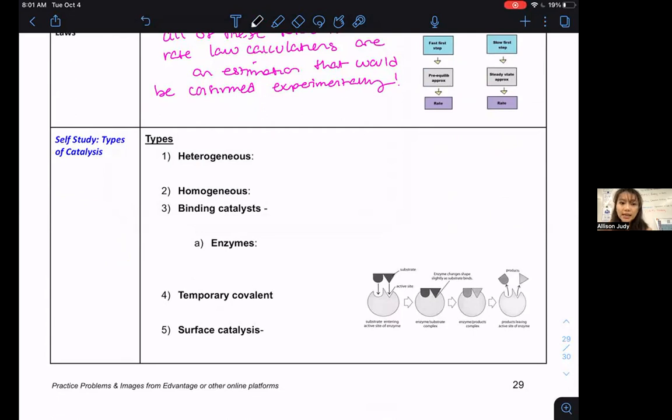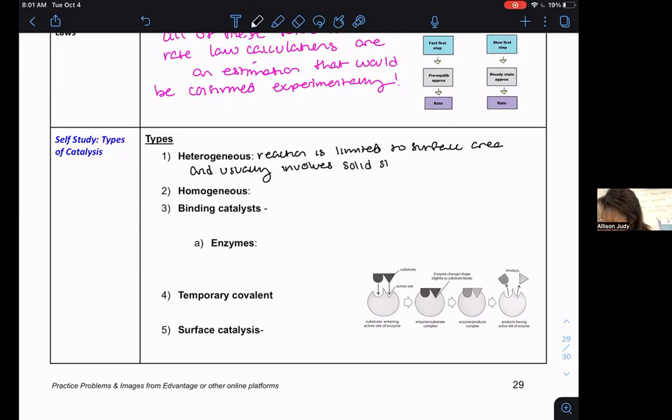So heterogeneous catalysts involve where your reaction is limited to a surface area, and usually involves a solid state chemical and/or transition metals.